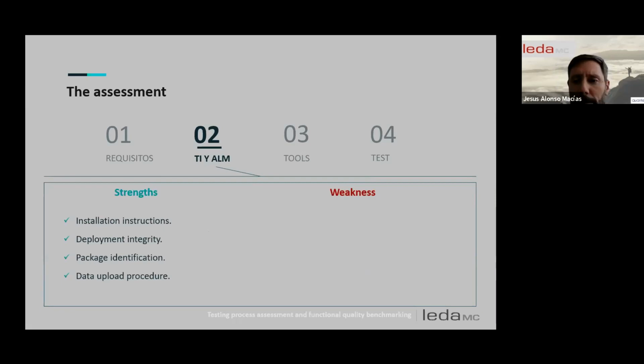Among the weaknesses, we show something that happens frequently, and that is that they do not usually report the functionalities that are included in the development, or, for example, which defects are resolved in the package.